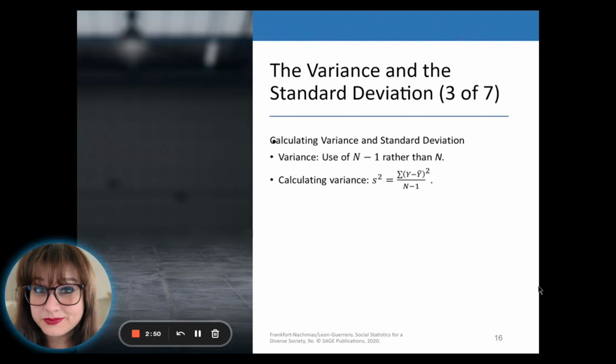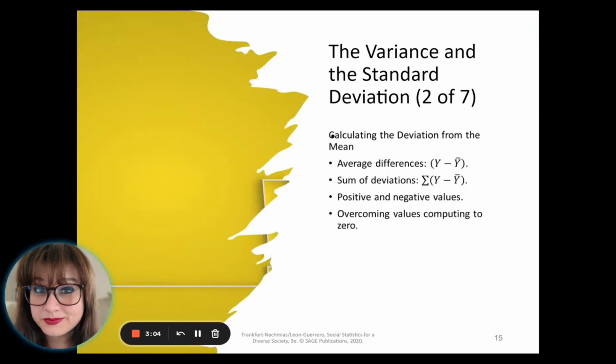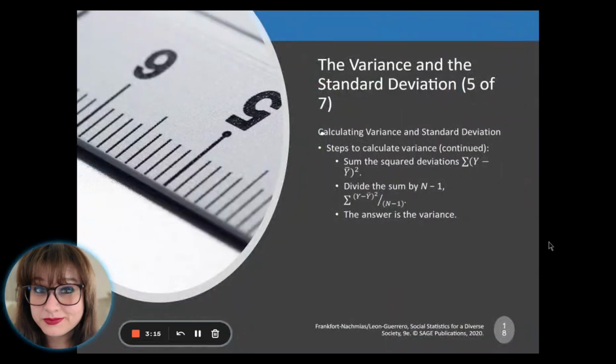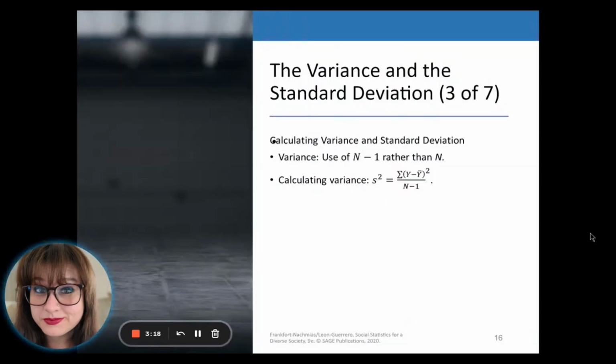It's the sum of the deviations right here squared. Understanding how the squares of the actual deviations from the mean are added together, the sum of squared deviations, is symbolized by this. When we're squaring them, it's representing the deviation from the mean as a positive, so we can mathematically calculate it easier.